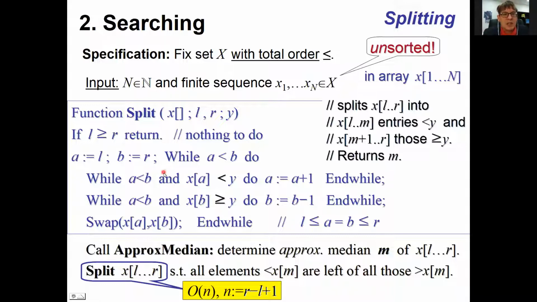And this is obviously a linear time algorithm, because there is only one loop, and in each iteration of the loop at least one of the two indices, A and B, gets incremented or decremented, and thus after a linear number of iterations, A meets B. So that's a linear time algorithm for splitting, and thus we have finally finished our complicated but very interesting algorithm for calculating medians, and more generally order statistics, in linear time.